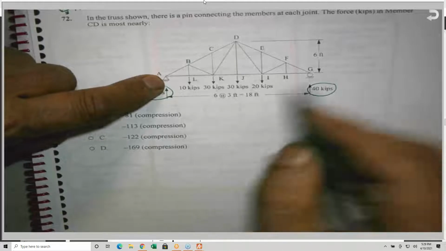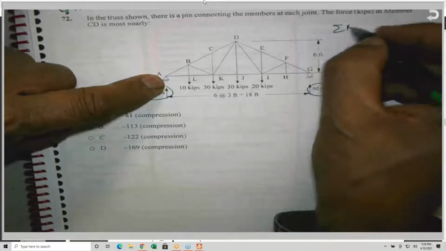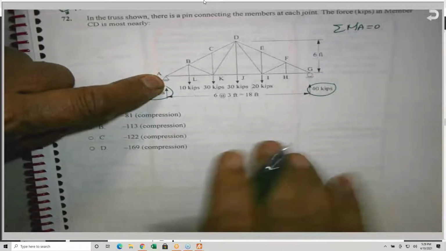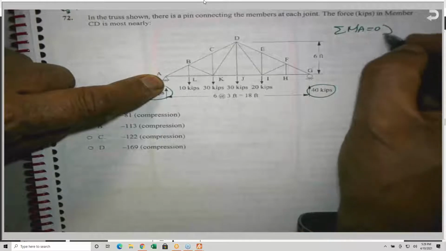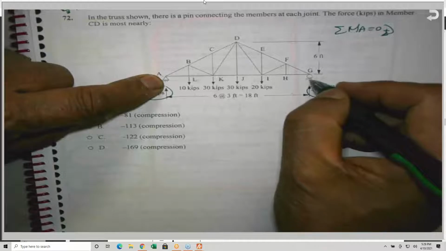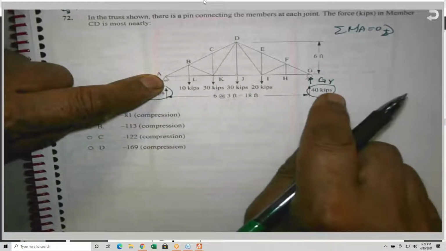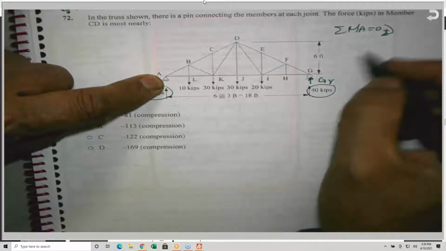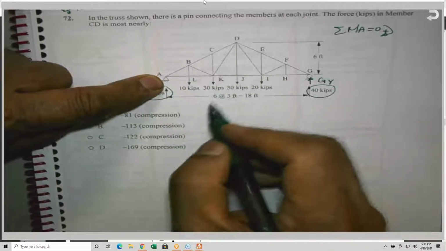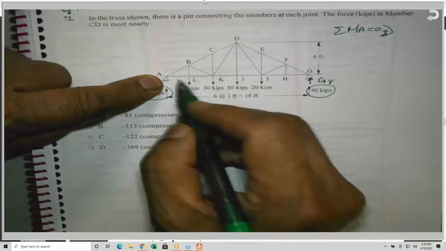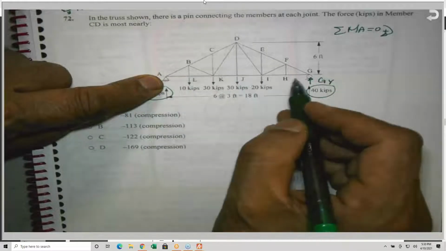So if you sum moment about A, sigma moment about A equals 0, and clockwise direction is positive, this is optional. I will call this G sub Y, the unknown to me. I don't know the 40 yet, so I need to find G sub Y. So I say this is 10. He said that this is 6 times 3. I have 1, 2, 3, 4, 5, 6 spaces.